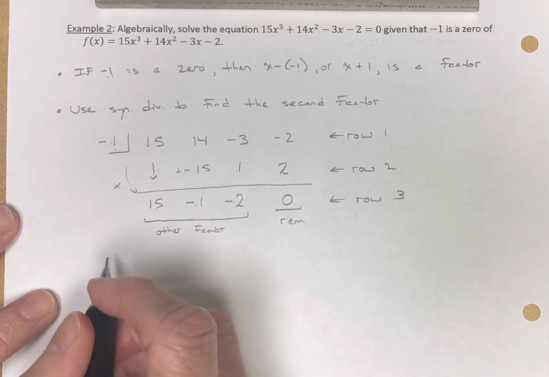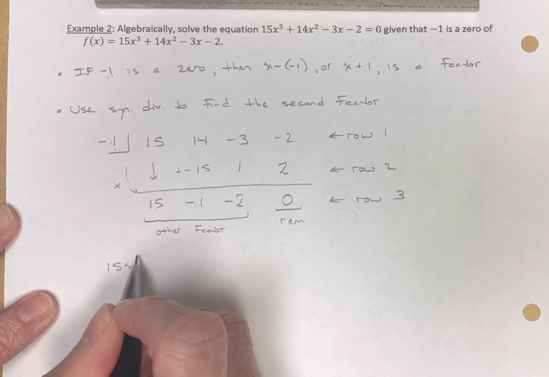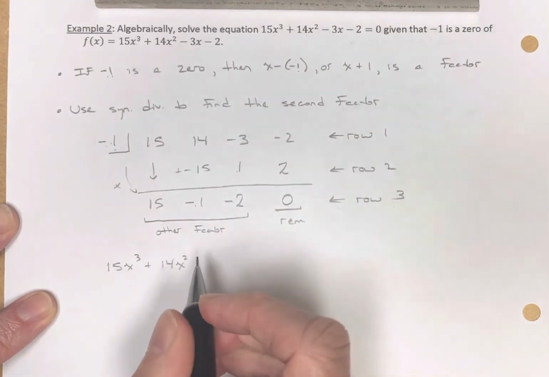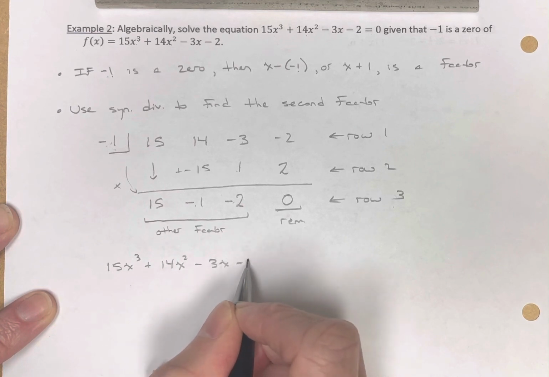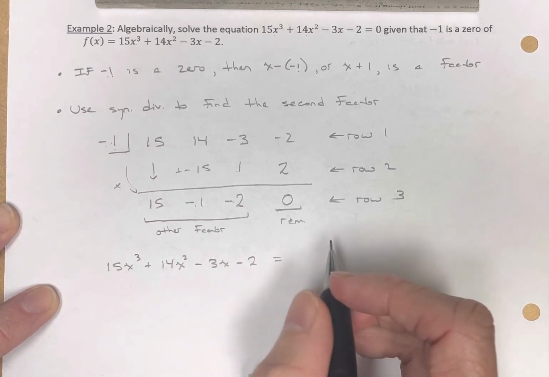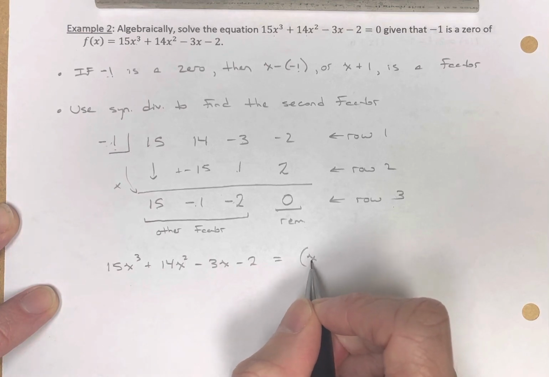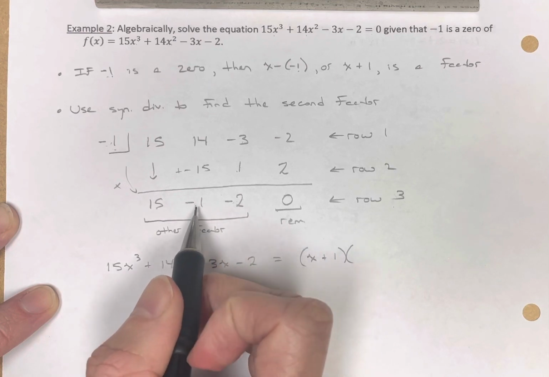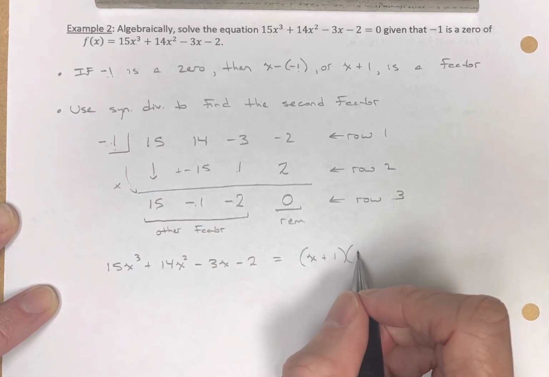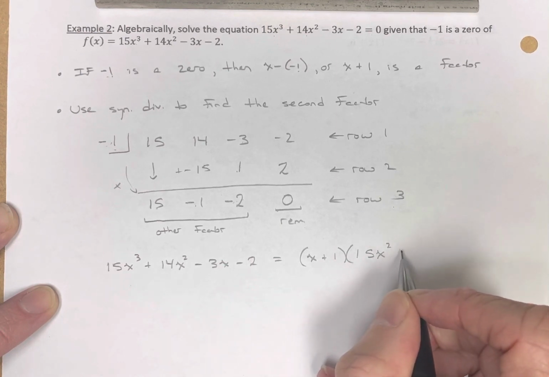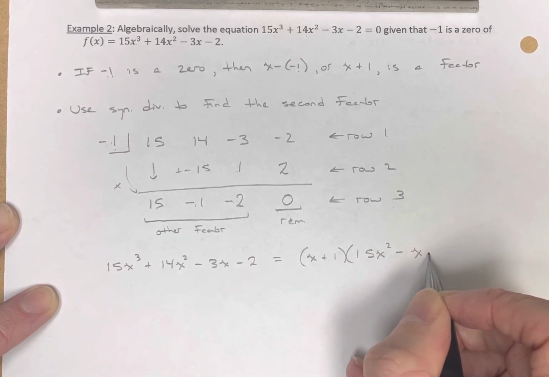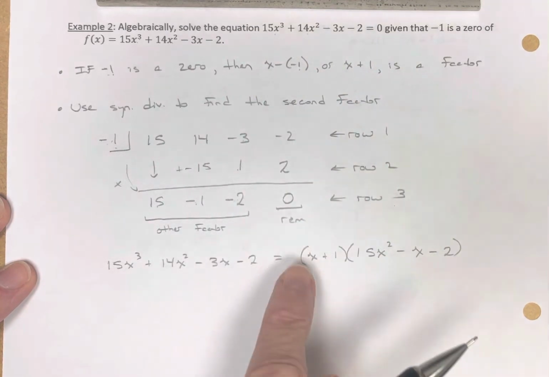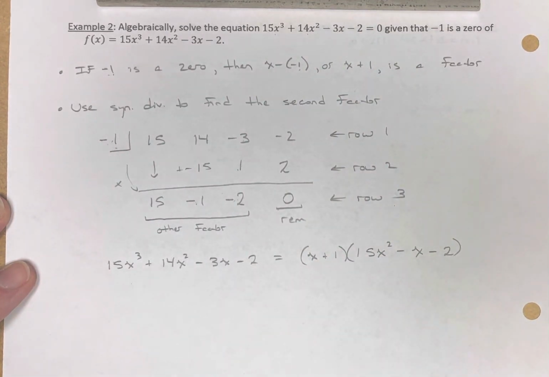So 15x cubed plus 14x squared minus 3x minus 2, I'm simply copying this, is equal to x plus 1 times, and these are the coefficients of a second degree polynomial, 15x squared minus x minus 2. That was my goal. I wanted to break this down into some easier polynomials to work with.